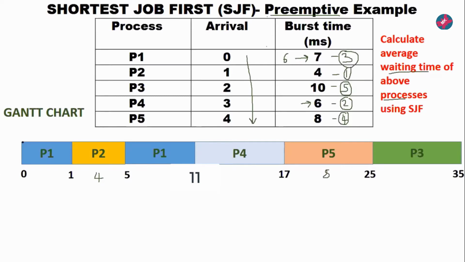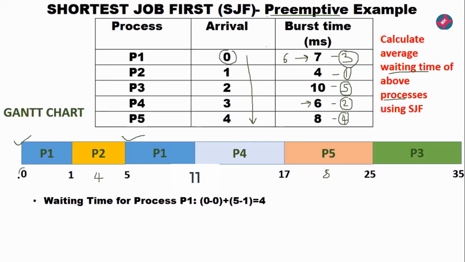Now in this particular Gantt chart, you observe P1 is coming twice. Hence, at both times, the waiting time needs to be calculated for process P1. So observe this P1, it entered the system at 0 and it got the CPU at 0. So first is as usual our 0 minus 0.